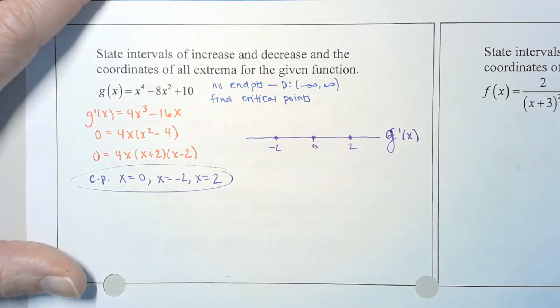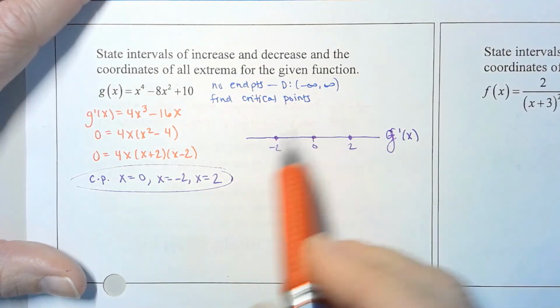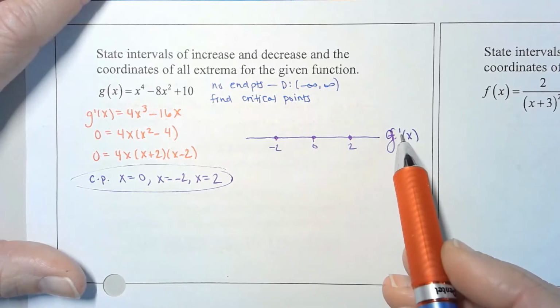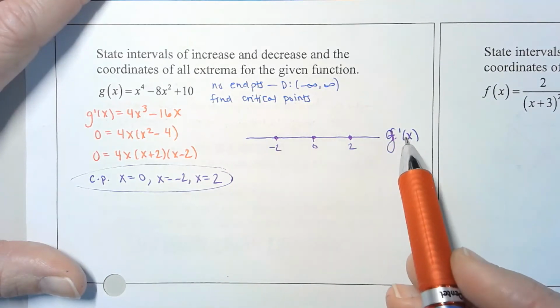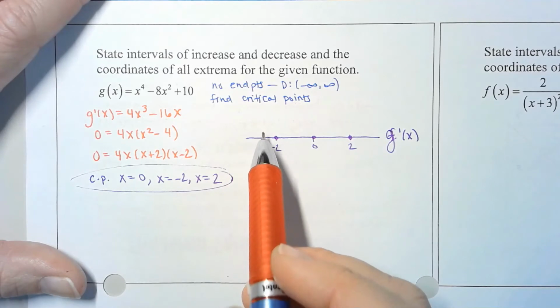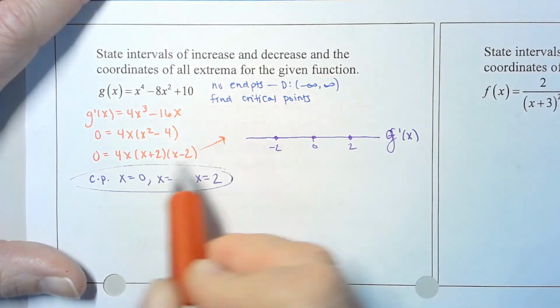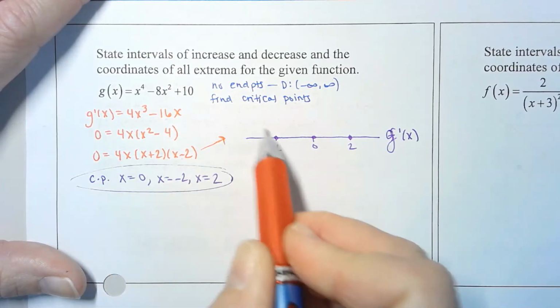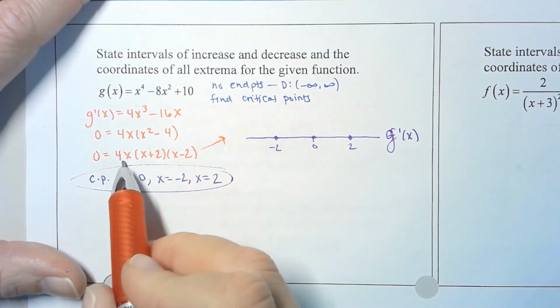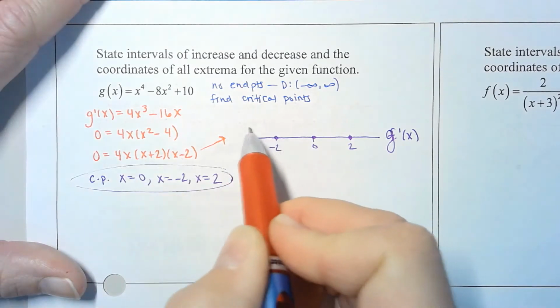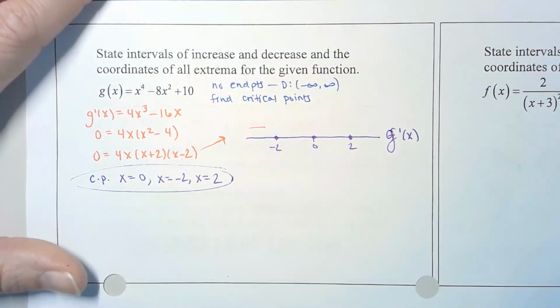Well, now let's go in and see what's happening on either side. So if I plug in a negative 3 into the derivative, if this is the first derivative test, I want to know, is the first derivative positive or negative? So I'm going to be using this version right here. If I plug in a negative 3, this is negative, this is negative, this is negative, and a negative times a negative times a negative is a negative.